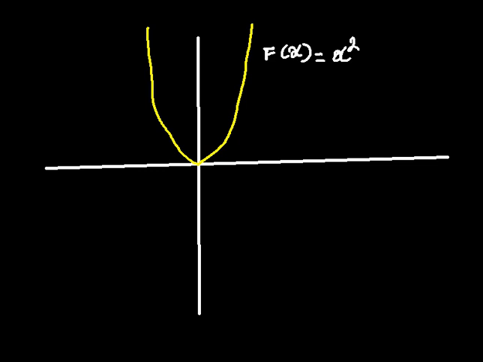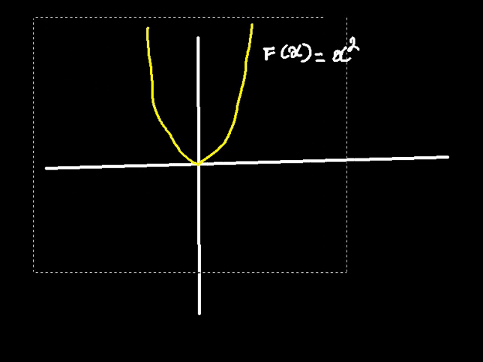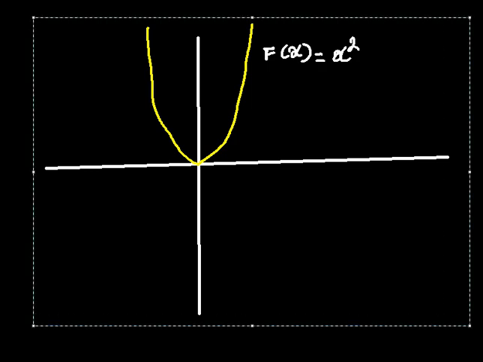So different graphs have different symmetry, either along the x-axis, y-axis, or the origin. We can also have this case of the graph. Let's say this is also a Cartesian plane, and we have a graph that runs like that, and also the graph runs like that.